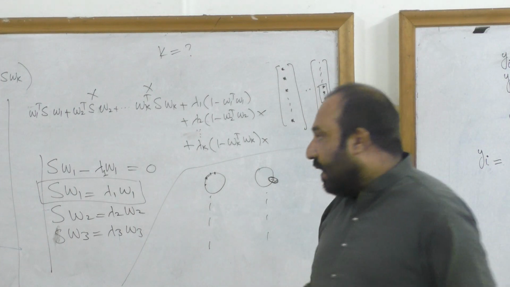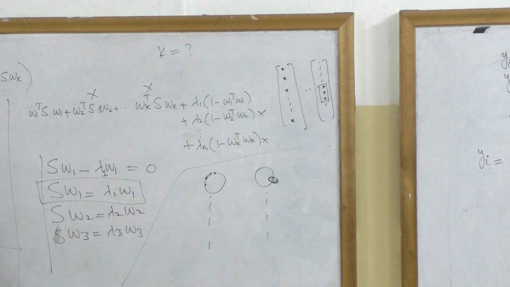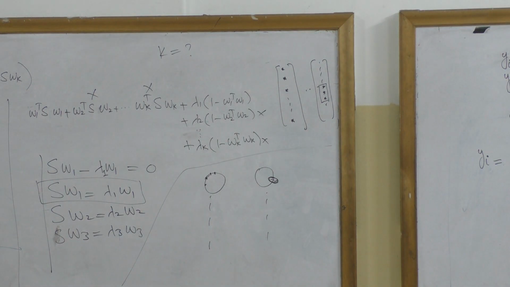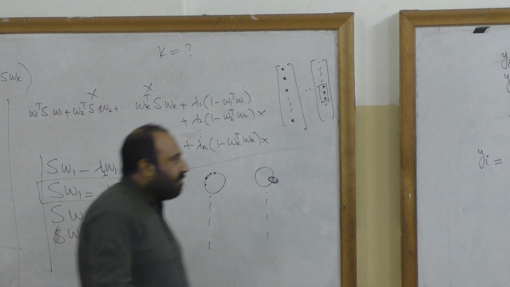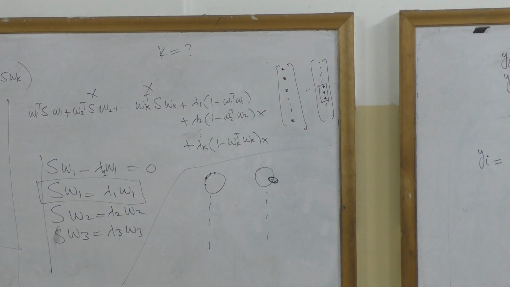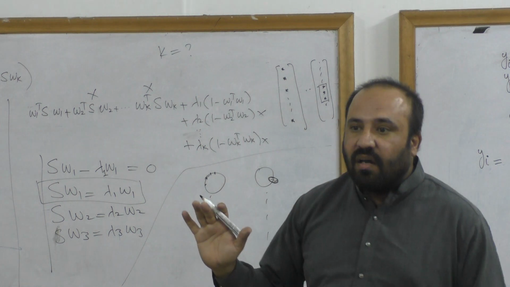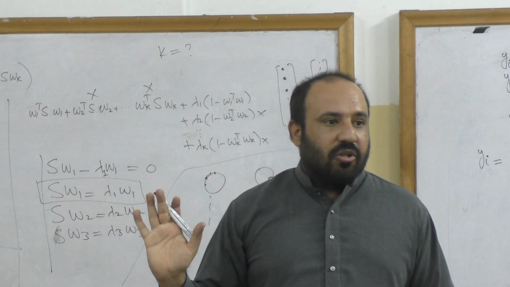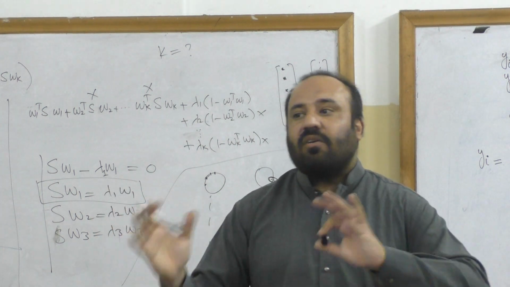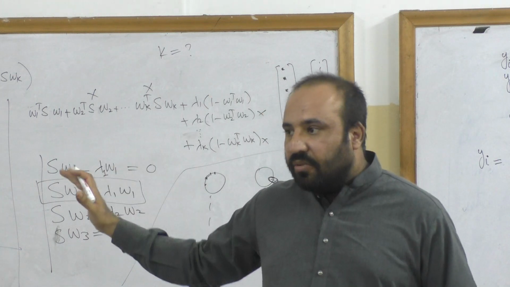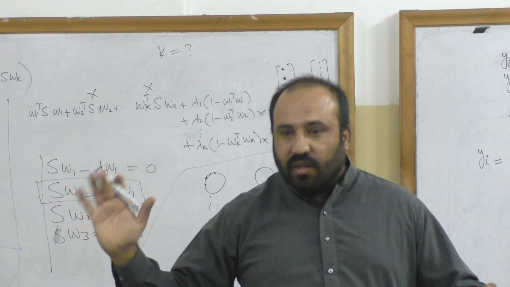In fact, this matrix S is symmetric, due to the fact that it is an outer product of a matrix with itself. It is a symmetric matrix, and for a symmetric matrix, the eigenvectors are orthogonal. So you need not go and see whether they are orthogonal or not. If they are symmetric, you get orthogonal vectors.